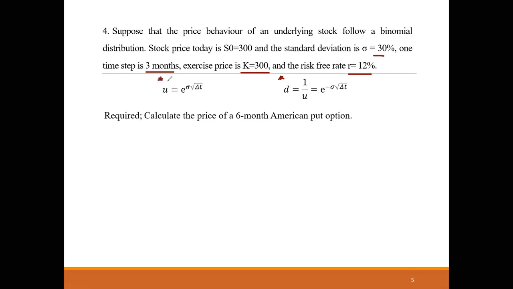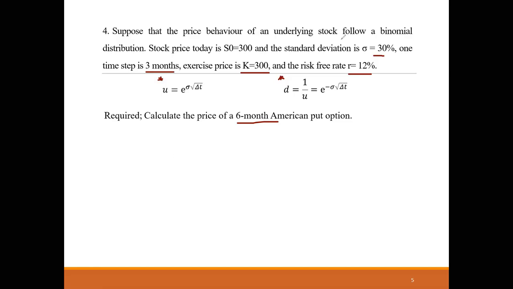To develop this binomial tree, you need to know the value of U and the value of D. The requirement is to calculate the price of a 6 months American put option. If the term of the option is 6 months and your one time step is 3 months, how many steps will you have in this binomial tree? You will have 2 steps.